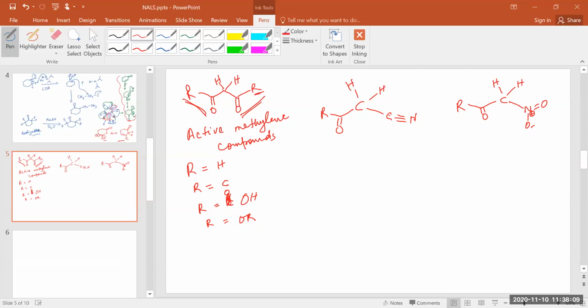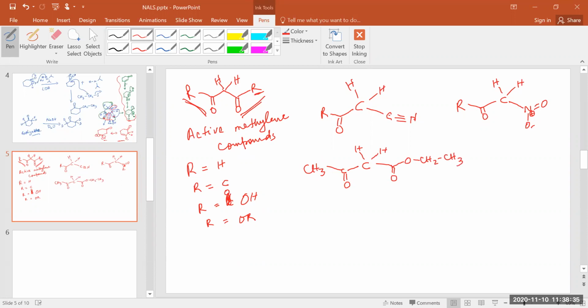So now let us see this one here. CH3COCH2COOEt, which is CH2CH3.